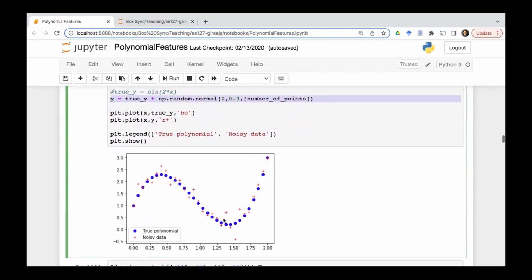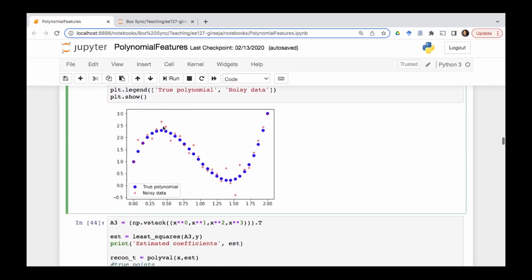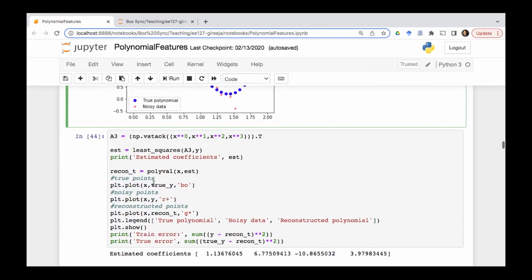The blue points represent the true polynomial, and I'm pretending that all I've received about this polynomial are these red pluses that are the perturbed points. Everyone see that? Are the colors clear, or the size okay? Okay, good. So let's say now I have these red points. I can use least squares to estimate and find the true polynomial. So I do that.